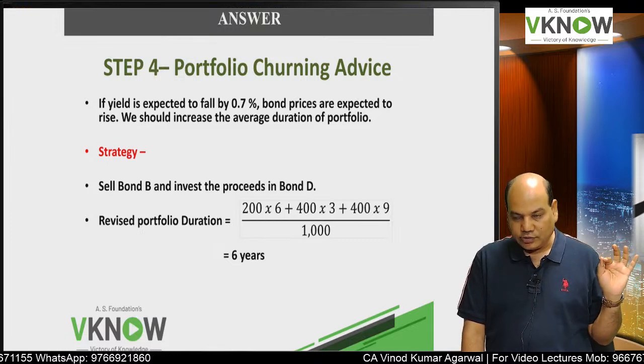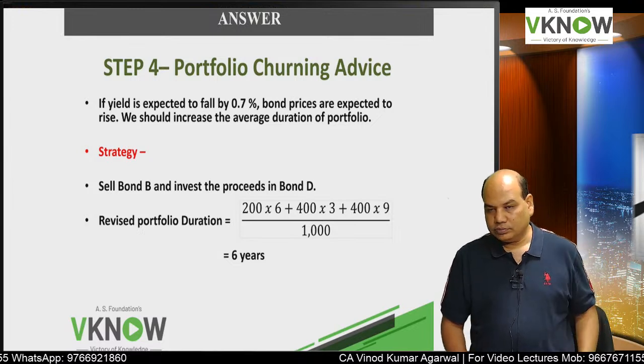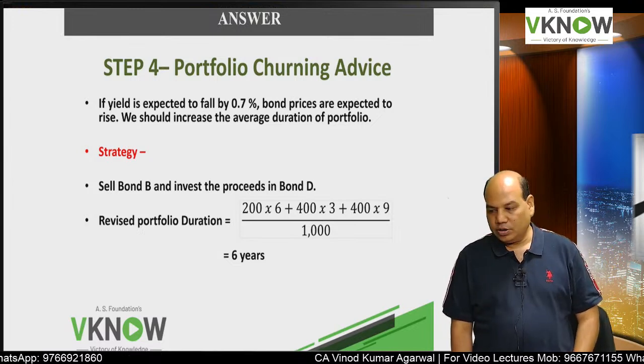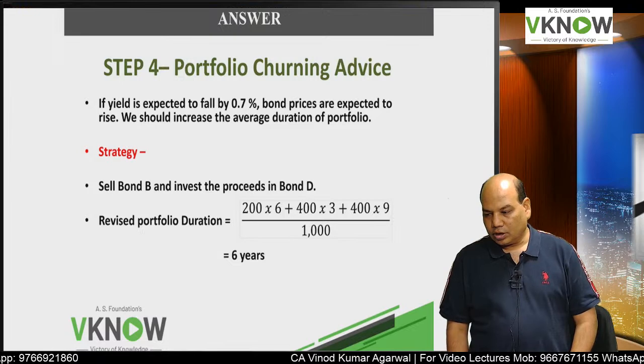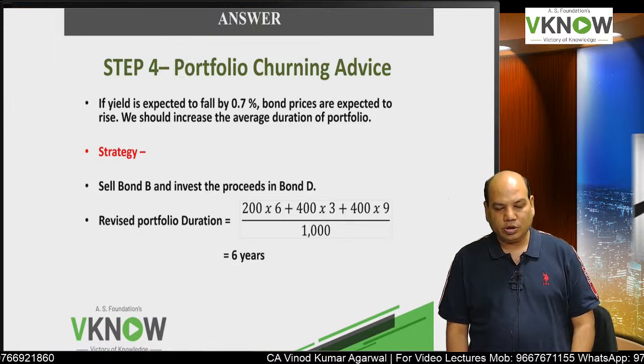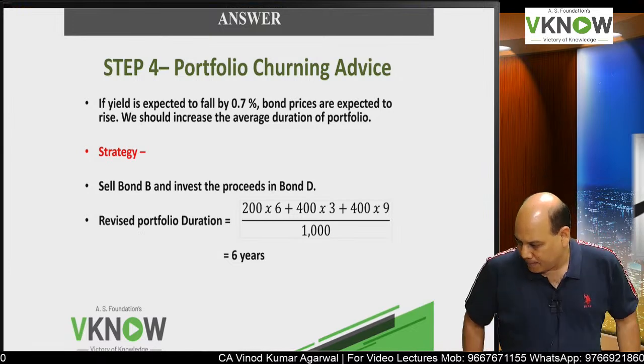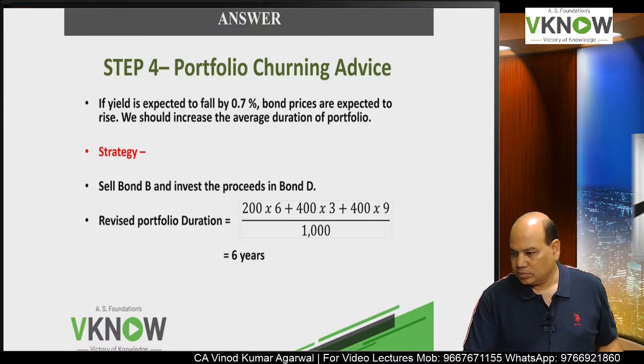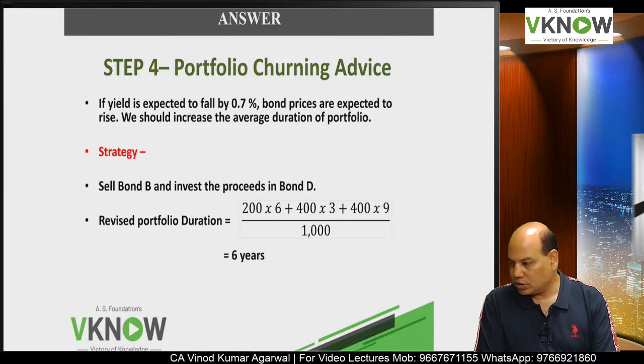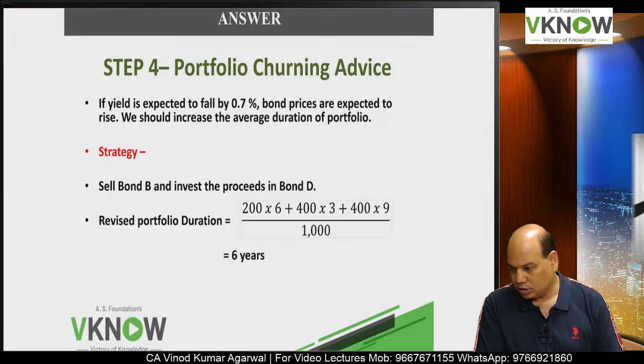So write down strategy: sell bond B and invest the proceeds in bond D.